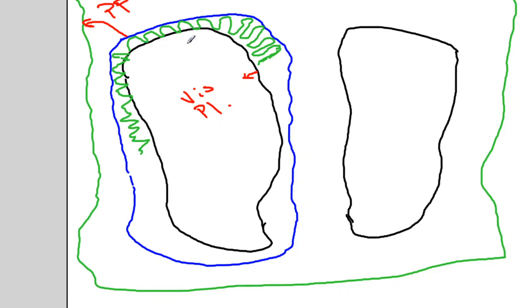Well, it's going to actually help these lungs to expand, because the parietal pleura will pull on that visceral pleura so that the lung will expand out. So that's kind of how that works.